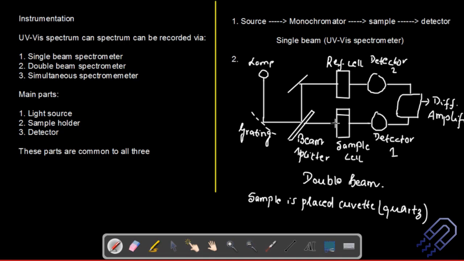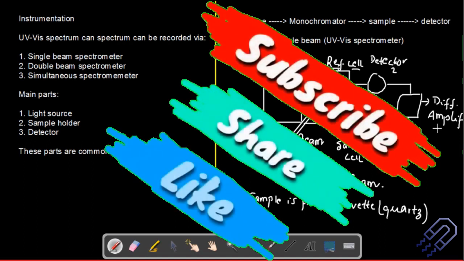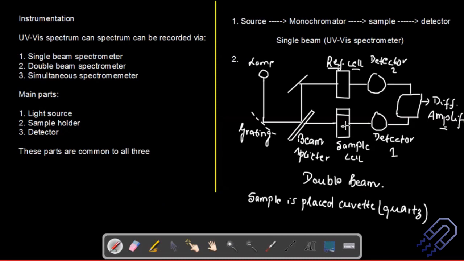But there might be some signal because of the cuvette, because of the environment. I don't want that. That's why a reference cell is put. Whatever signal I finally get should be only because of the sample inside the cuvette, and not because of the environment or the sample holder. So the reference cell is placed here, which is more or less empty.